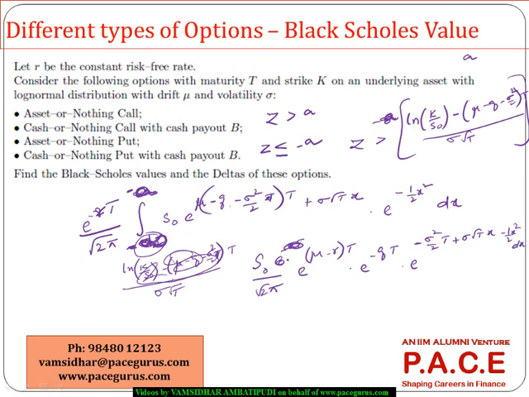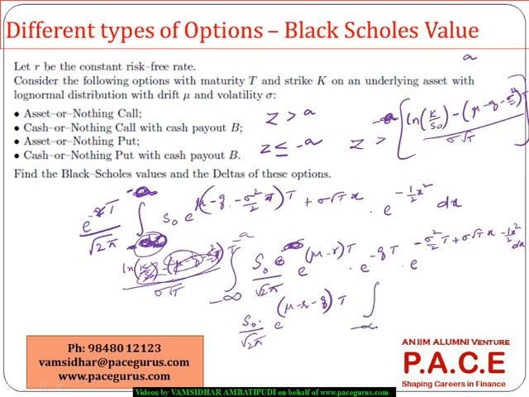So basically when I am doing it with respect to x, it is coming out as s naught by root 2 pi e power mu minus r minus q times t, and I am to integrate between minus infinity to minus a.